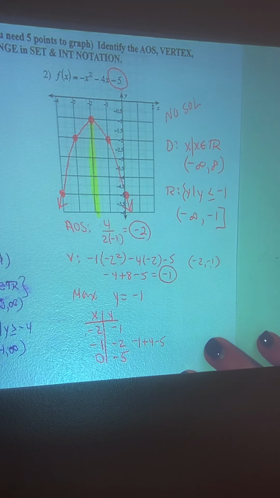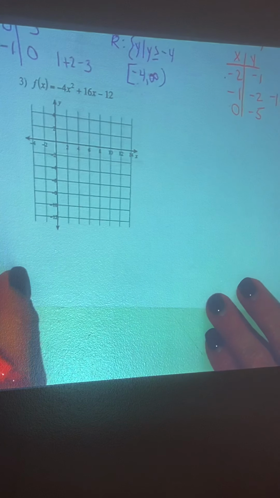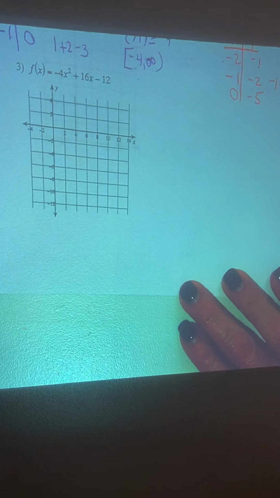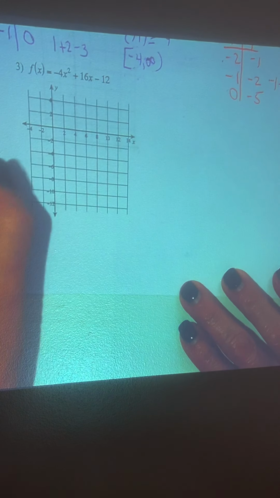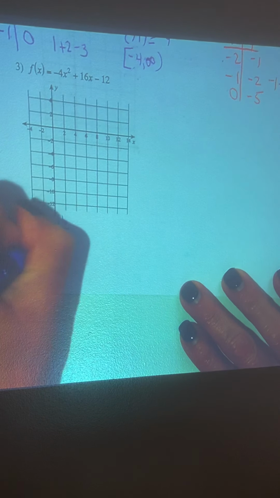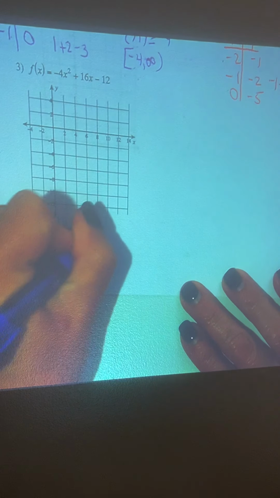Third problem. Okie dokie. Negative b over 2a. So we have negative b, which would be -16 over 2 times -4. -16 over -8, +2.